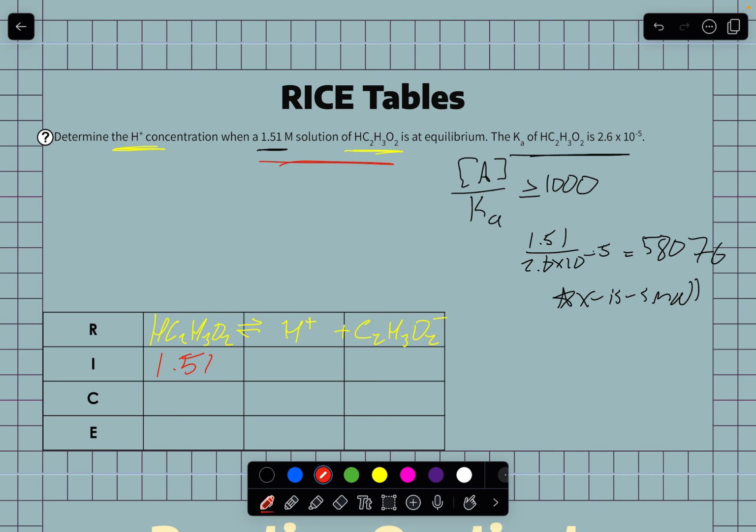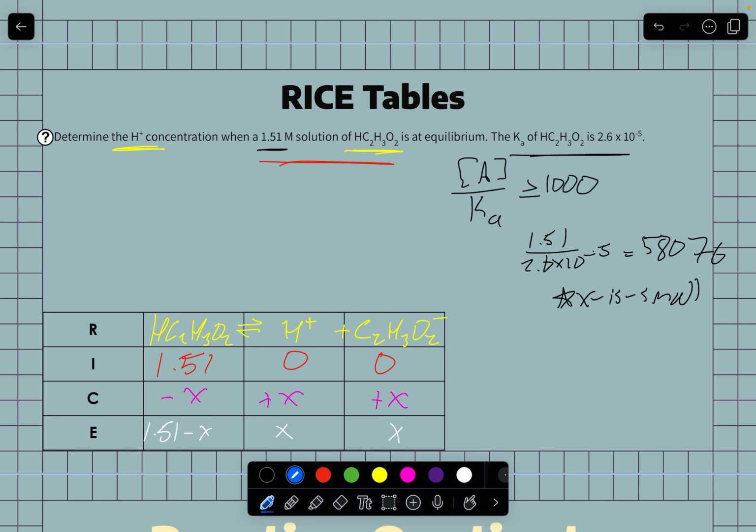And remember, our initials for our products are always going to be 0. The change, it's a 1-to-1-to-1 ratio, so it's -x, plus x, plus x. So our equilibriums are going to be 1.51 minus x for HC2H3O2, and for products, it's x and x.